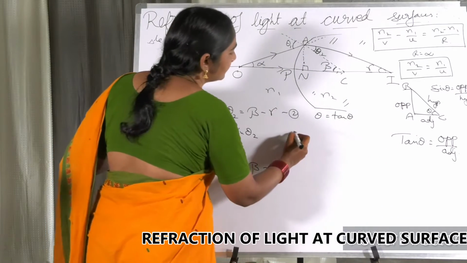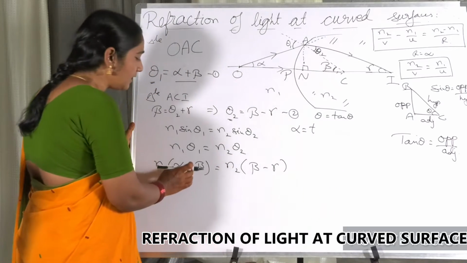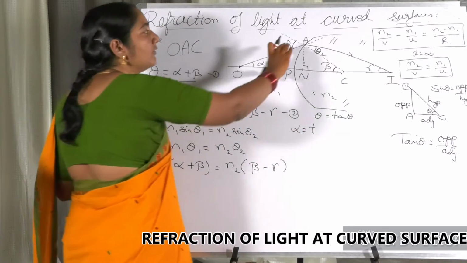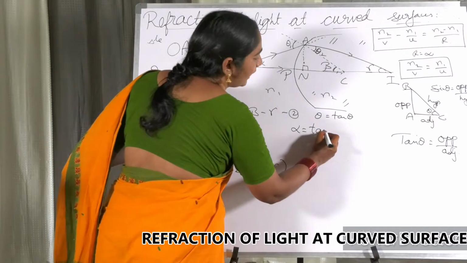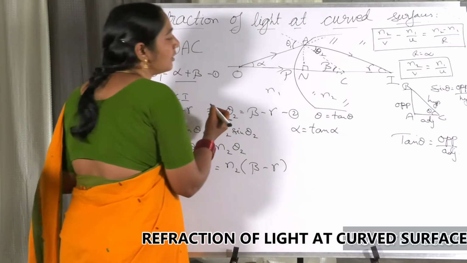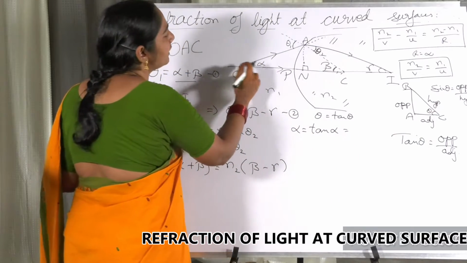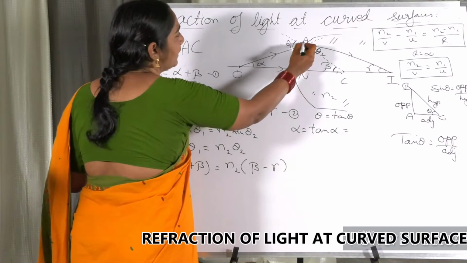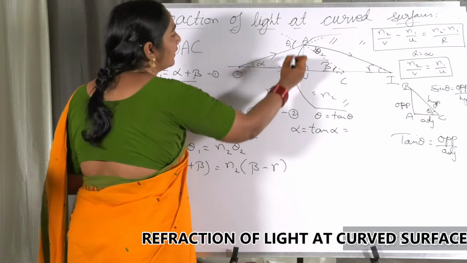Now my dear friends, we will write the values of alpha, beta and gamma in terms of the ratios. Please try to understand. Alpha is nothing but equal to tan alpha, because when angles are small, tan alpha is equal to, you just see this triangle, OAN.